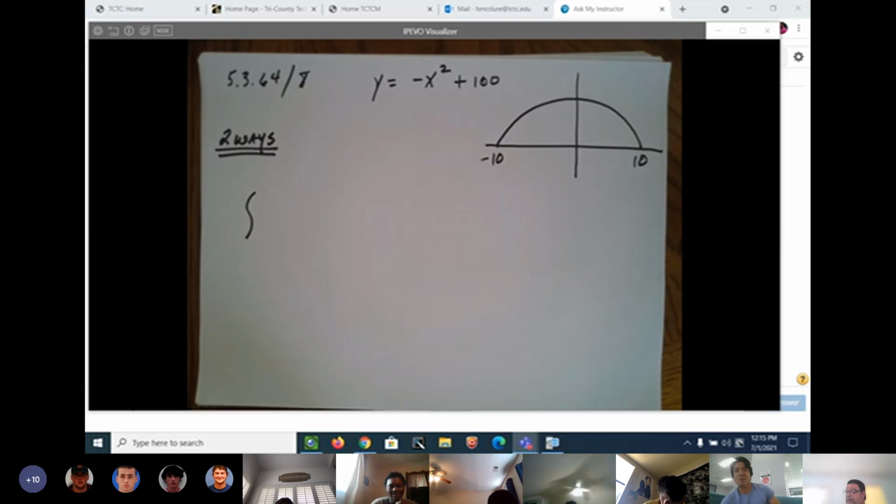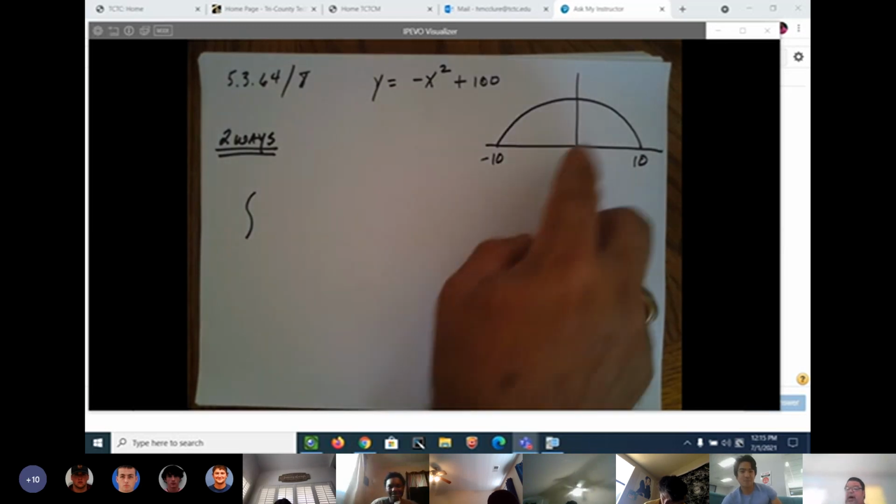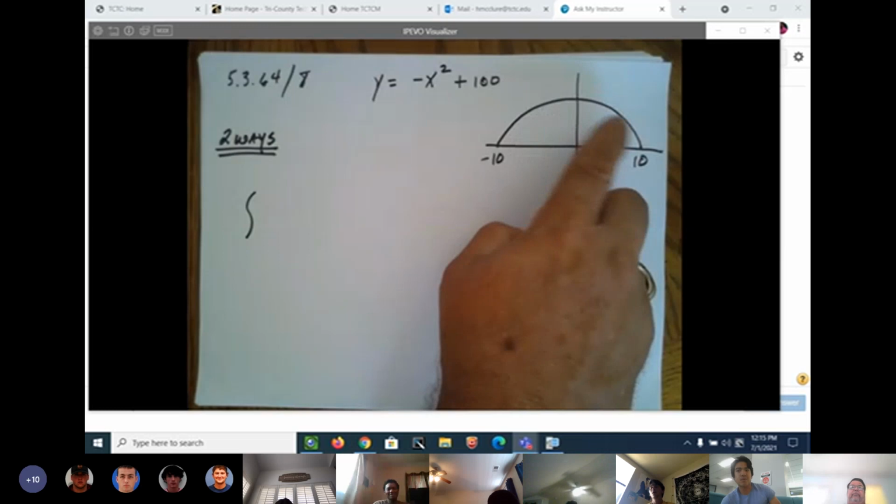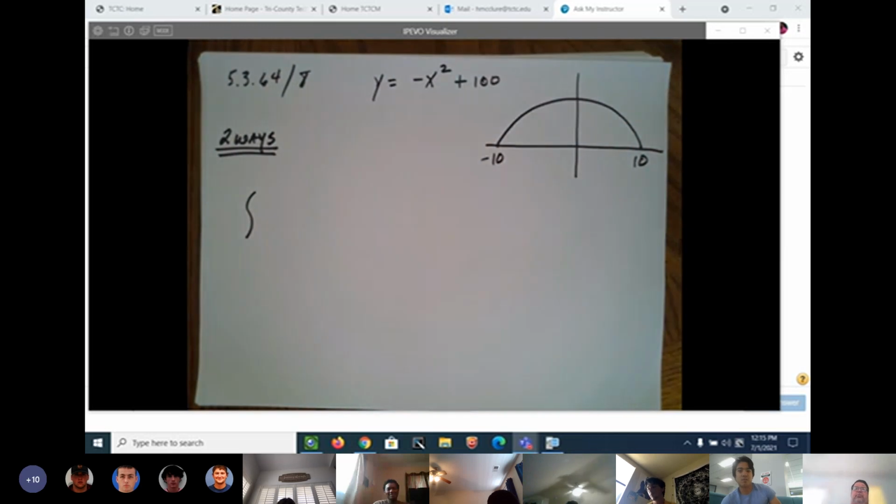I'll probably fail you. What do you notice about this drawing? What do you notice about it? It's a circle. But what do you notice about it? It's symmetrical. Write that down.